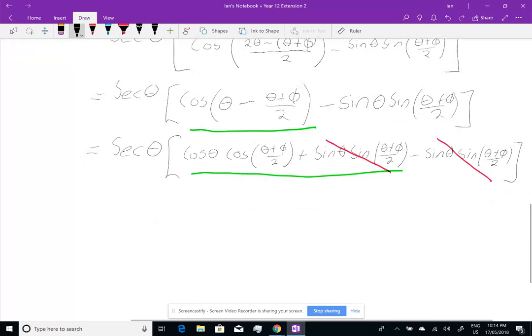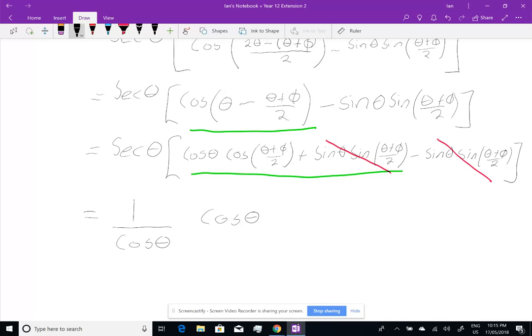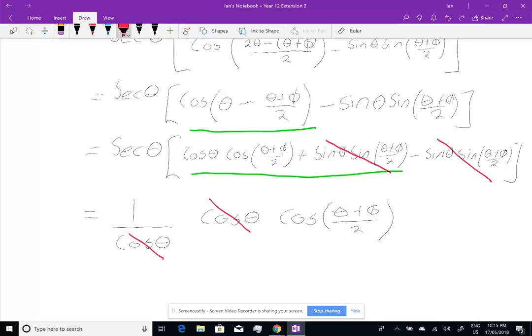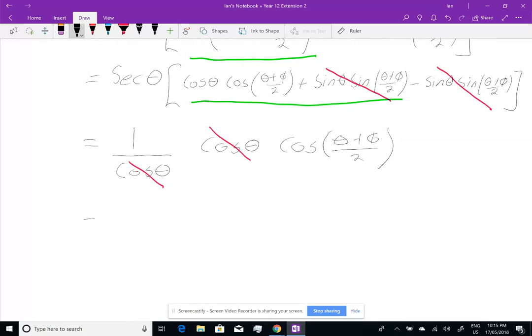So I get sec theta. Hold on, sec theta, let's write that as 1 on cos theta. And what's left here? Cos theta and cos theta plus phi on 2. The cos thetas cancel. So finally on the left-hand side, we get there cos theta plus phi on 2.